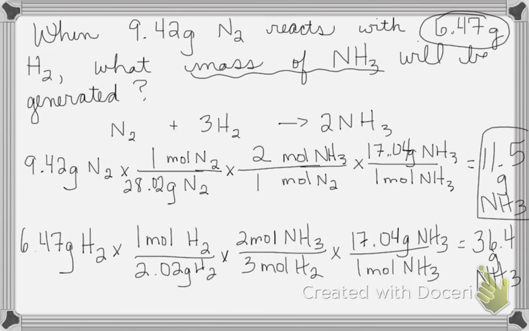Okay? What you did, you've got to be careful with what you're doing, is you use the coefficient here. So if you're going to use the coefficient here, then you need to be sure you say H2 times 3. Did you do this here? Okay, so you didn't use it here, so you went back. And that's fine, you have the same ratio, but you've always got to be sure you use the coefficient when you're doing the molar mass.